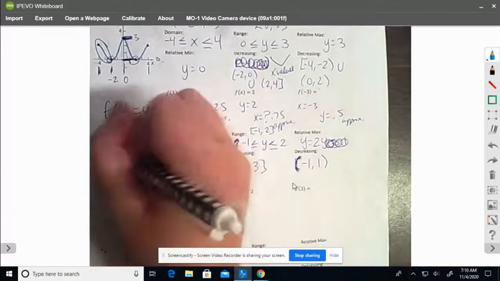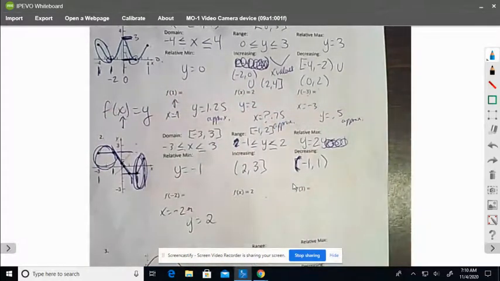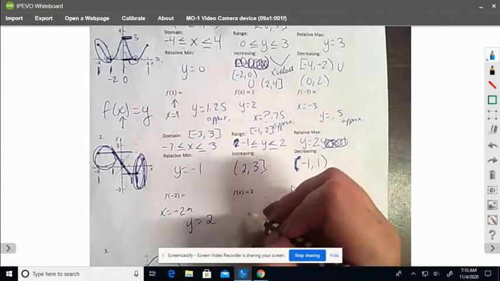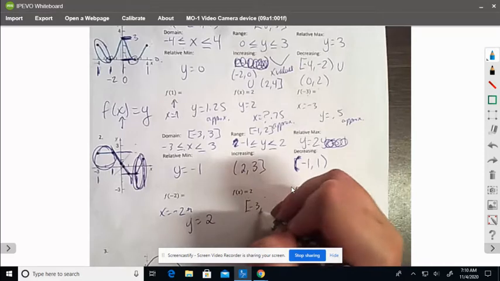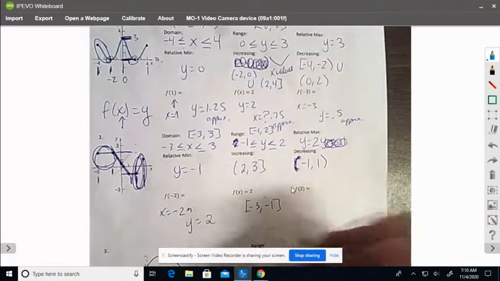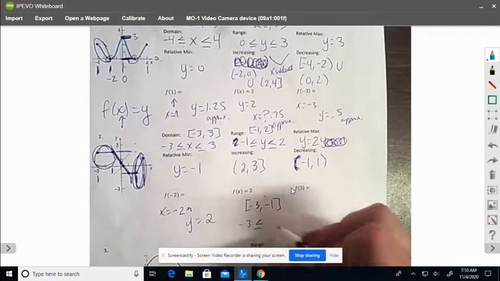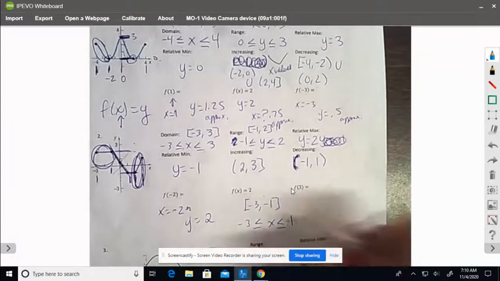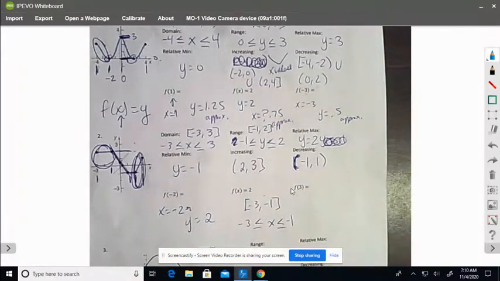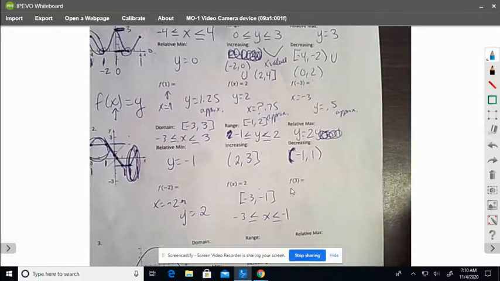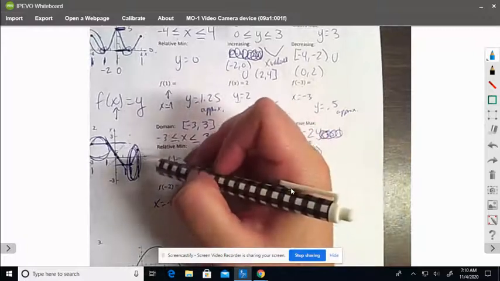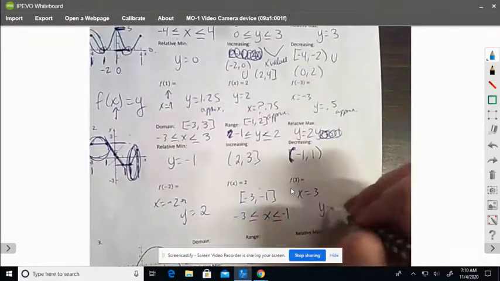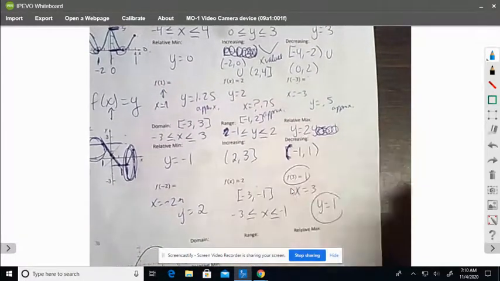So from -3 to -1, this graph is all a y value of 2. So for this one, I would probably answer in an interval, -3 to -1. You could also answer like this. And lastly, they're giving us x is 3. They want to know what y is. So when x is 3, y is 1. So this would be 1.